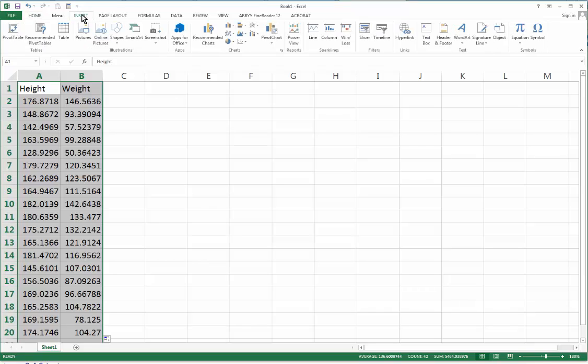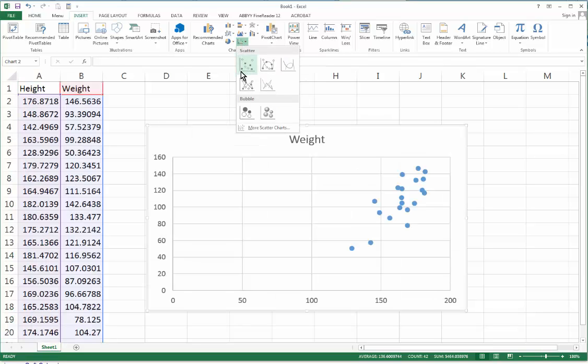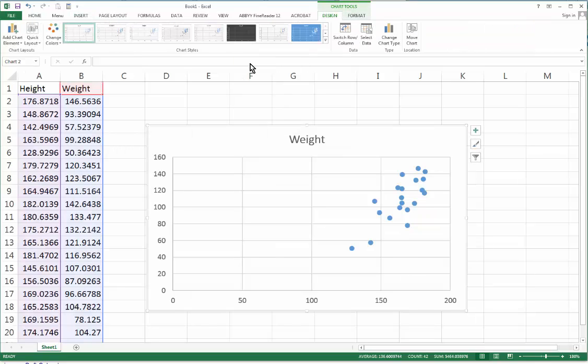Then go to insert, and you see here this choice, charts. Okay? And I want to see the first one, scatter plot, without the lines connecting them, because lines in this case would not make sense.